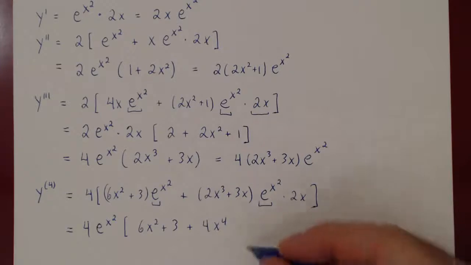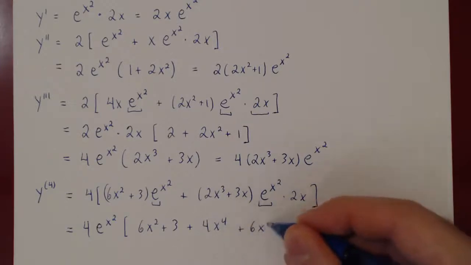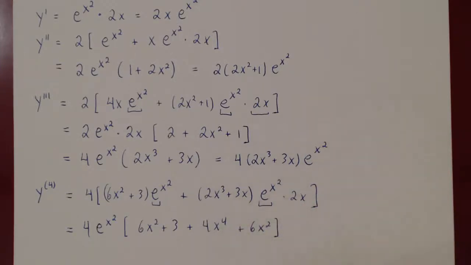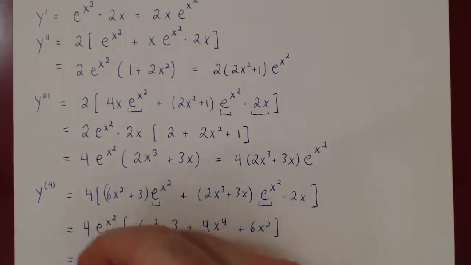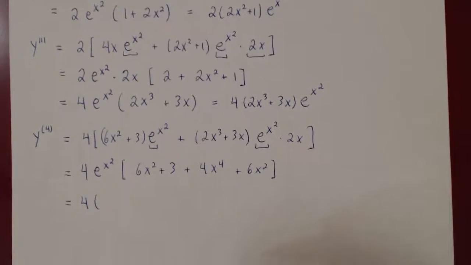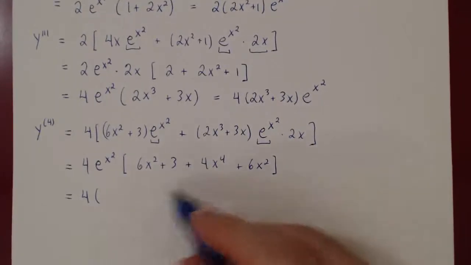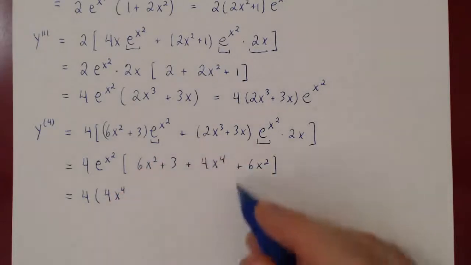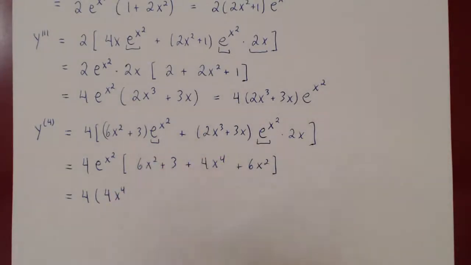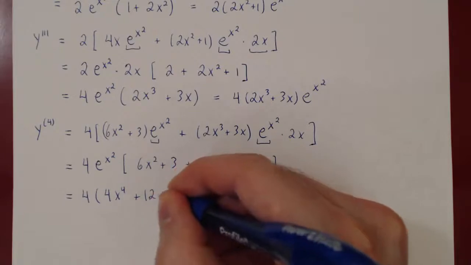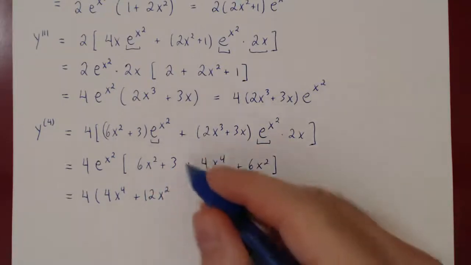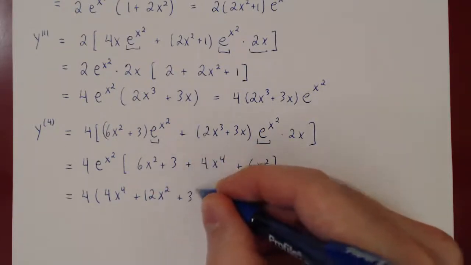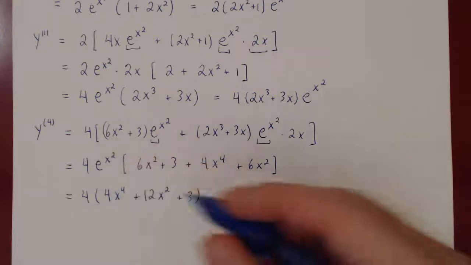Plus 3x times 2x plus 6x squared. Let's simplify. We have 4 times the polynomial 4x to the 4 plus 6x squared plus 6x squared plus 12x squared. And finally, the constant term plus 3. And this is all times e to the x squared.